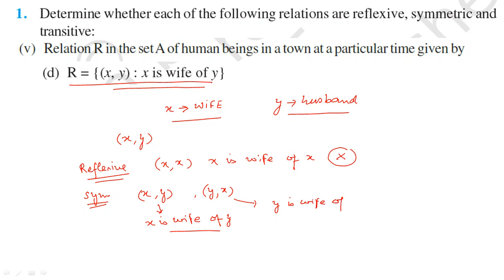This one is again not true. It means the second characteristic of relation is not feasible.